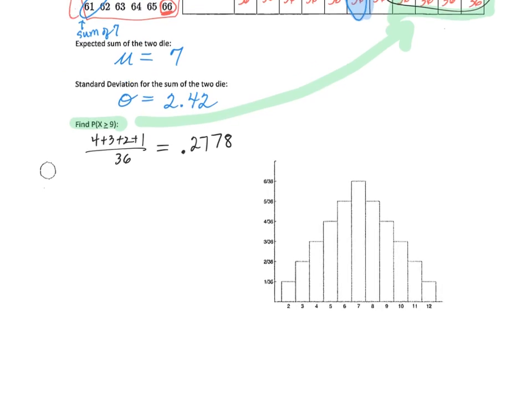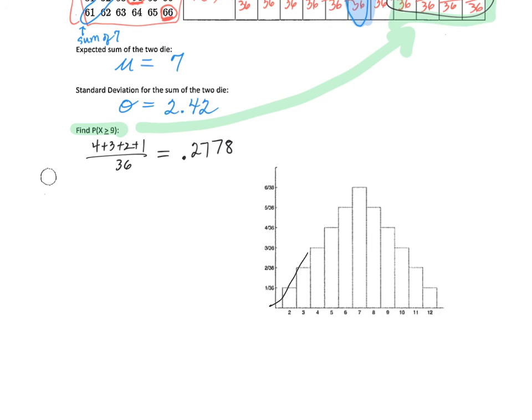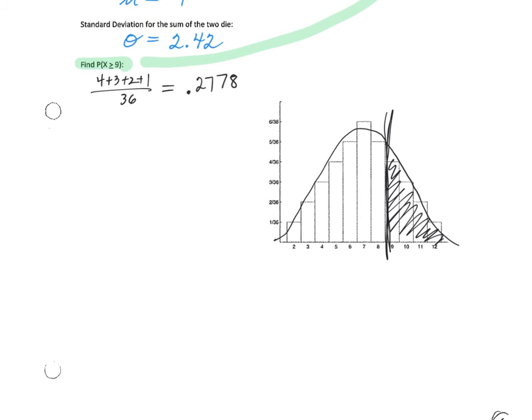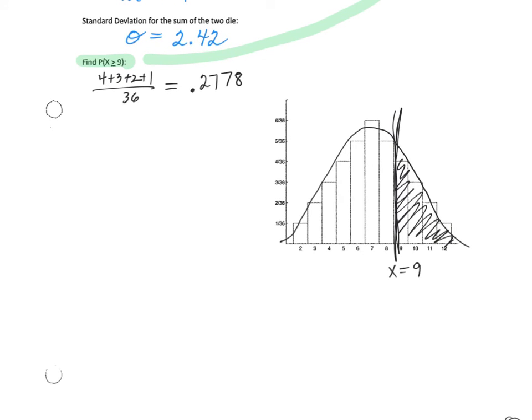Okay, so hey, what if I decide to do this with the normal model? What if I decided to do this problem where I take 9 and I want to find this shaded area, the probability of above 9? What do I do? I find the z-score. What is my x value? 9. So let's do that. Z equals, oh wait a second, mean is 7, standard deviation is 2.42.